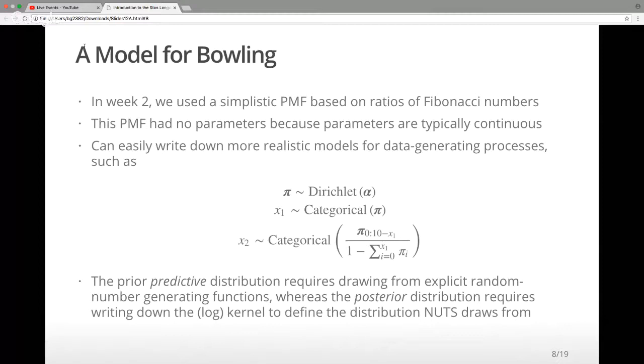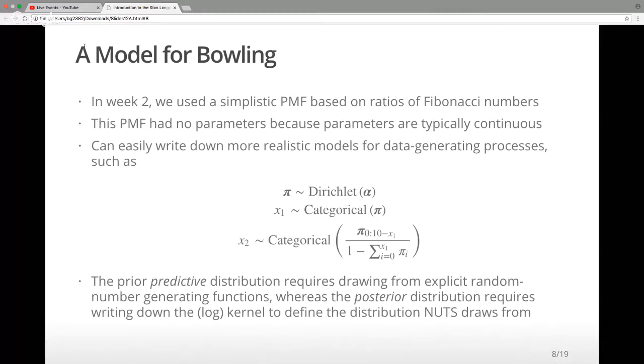After we learned about continuous random variables and vectors, we could easily write down a somewhat more realistic model for a data generating process like bowling. A slightly more complicated one would be something like this, where we have a simplex pi of size 11, corresponding to knocking down 0 pins, 1 pin, up to 10 pins. It's of size 11 because there are 11 things that could happen on the first roll of a frame of bowling, and we know that one of them has to happen.